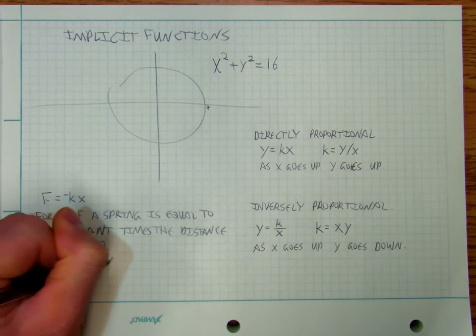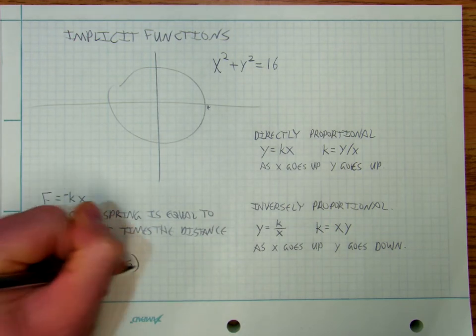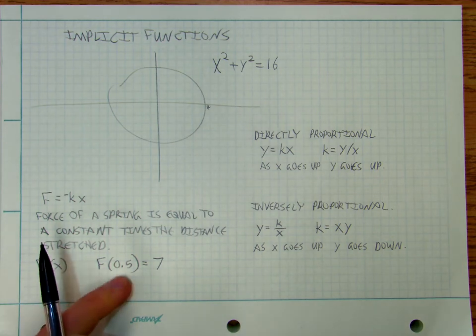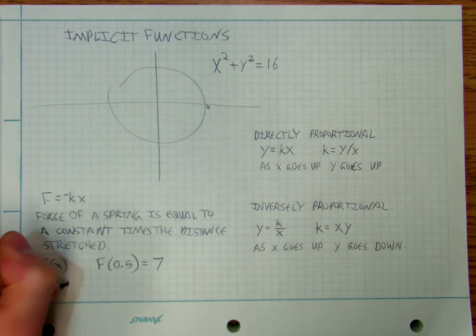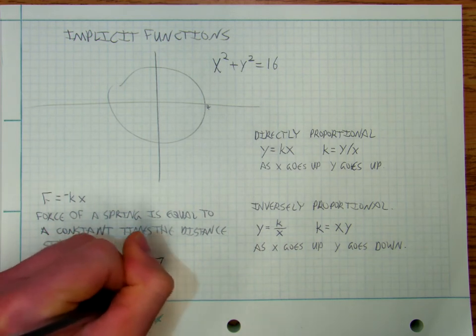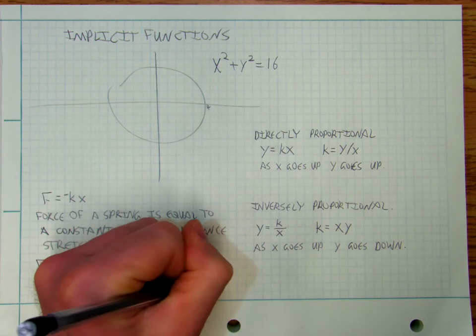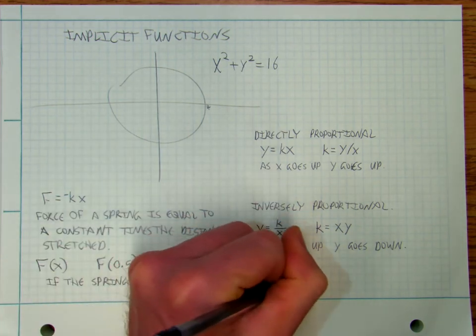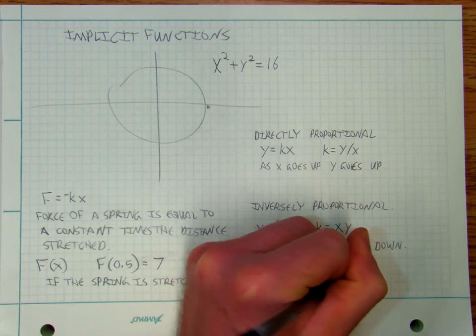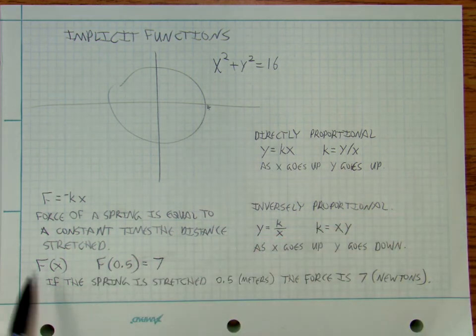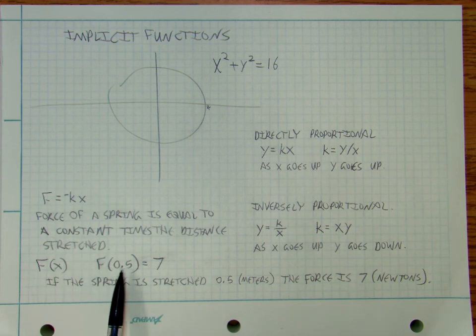And so if we say F of 0.5 is equal to 7, what that means is that if the spring is stretched 0.5 meters, the force is 7 newtons.